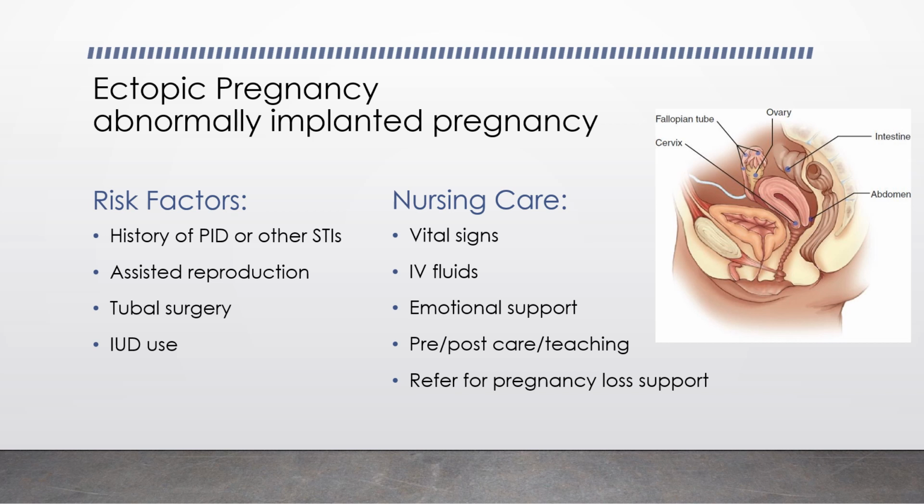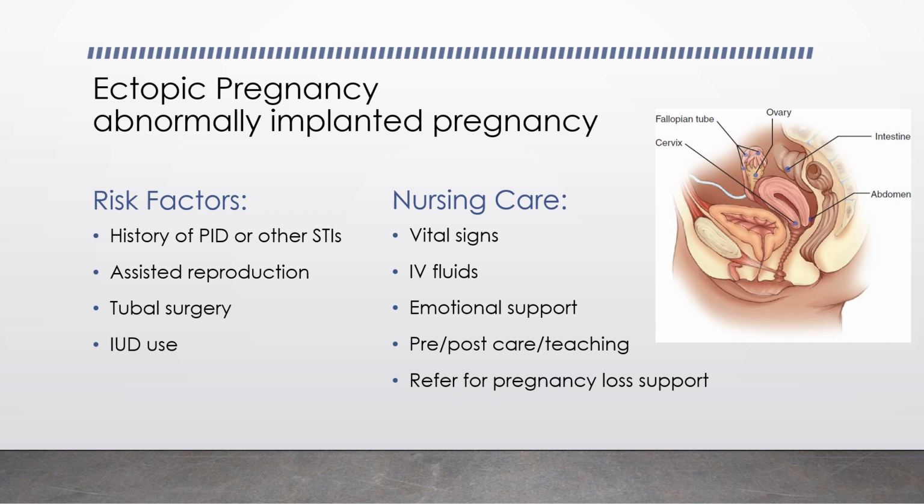So these women most likely will require some kind of a surgery to remove the ectopic pregnancy. So they'll need good pre and post-op teaching and pre and post-op care. We'd want to provide lots and lots of emotional support and refer them to a pregnancy loss support group.